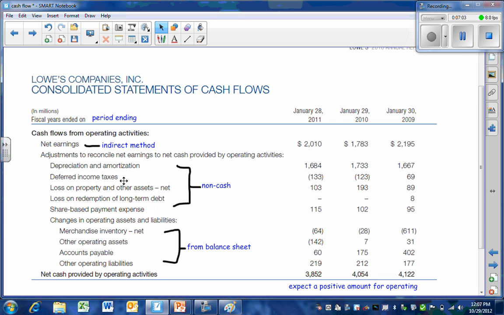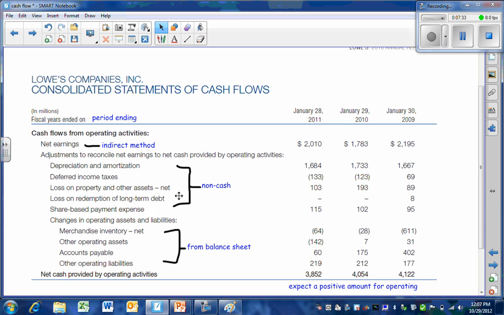We have certain other non-cash items, and again, these are all very technical and things that we are going to touch on in future courses, such as the effect of income tax. There are certain things that are reported on the income statement related to income tax where the cash payment will not be made for another time period, so the cash flows do not match.